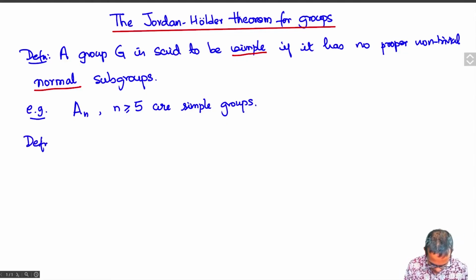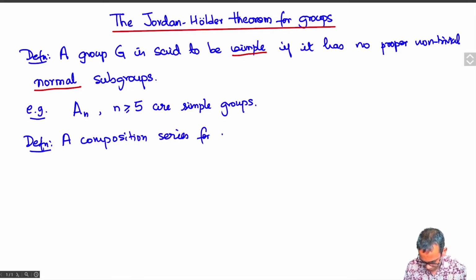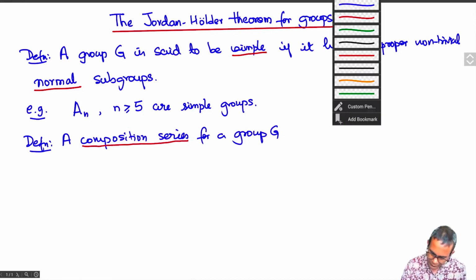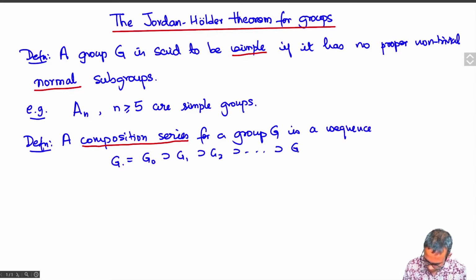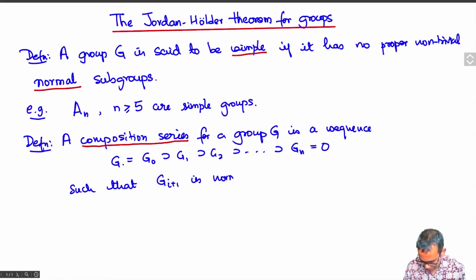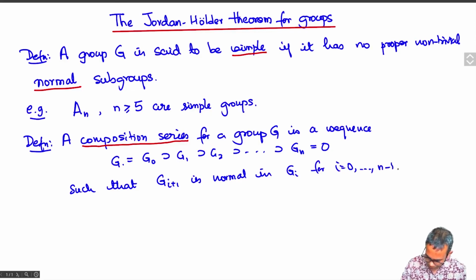So, definition, again, we need to make a slight change. A composition series for a group G is a sequence of subgroups, which I will call G equal to G_0 containing G_1 containing G_2 going up to G_n, which we will assume to be 0, such that, and now we need to add this normality condition, G_{i+1} is normal in G_i for each i going from 0 to n minus 1.